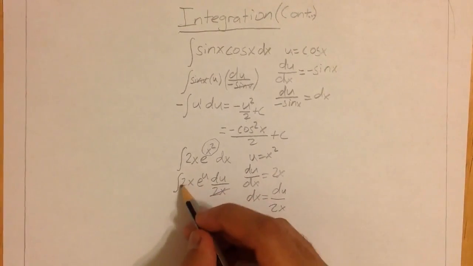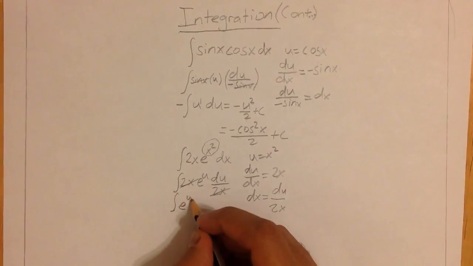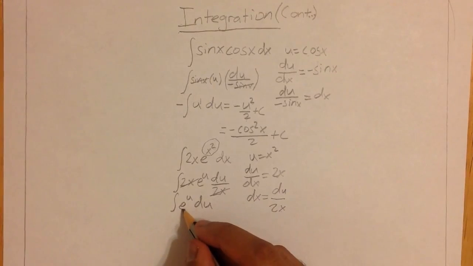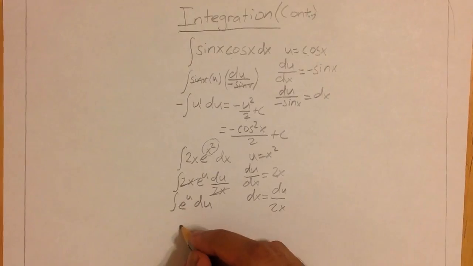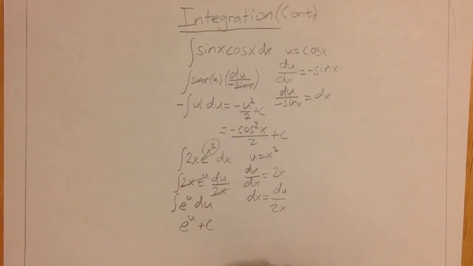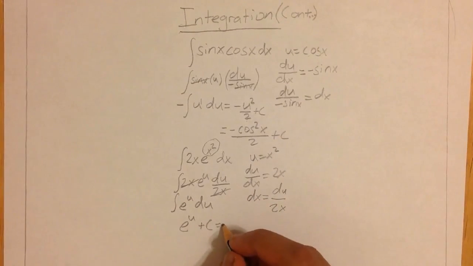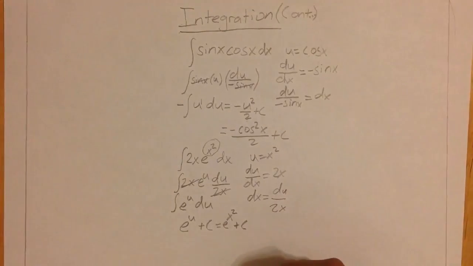And we can cross out these two 2x's to give us the integral of e to the u du, which, if you know your derivative of e to the x, you'll know that the integral of e to the u is nothing other than e to the u. Then we plug in x squared back into u, and we get e to the x squared plus c.